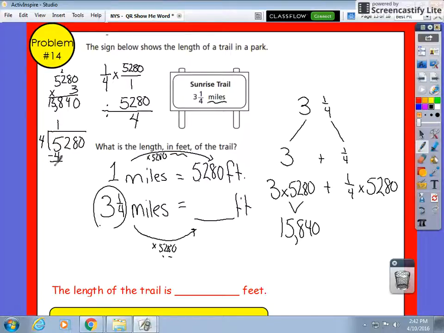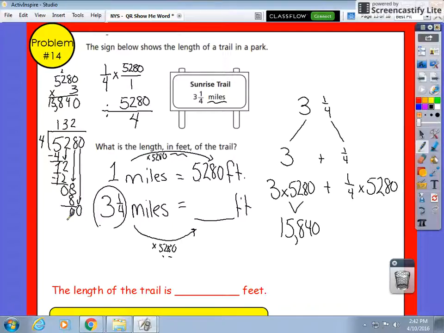Remember, I'm going to keep repeating the steps of division. I'm going to bring down, and whenever I bring down, I must put up. I get 0, I bring down the 8, so I must put up 4. How many 4s are in 8? I have 2. I get 0. I bring down my 0, so I must put up.